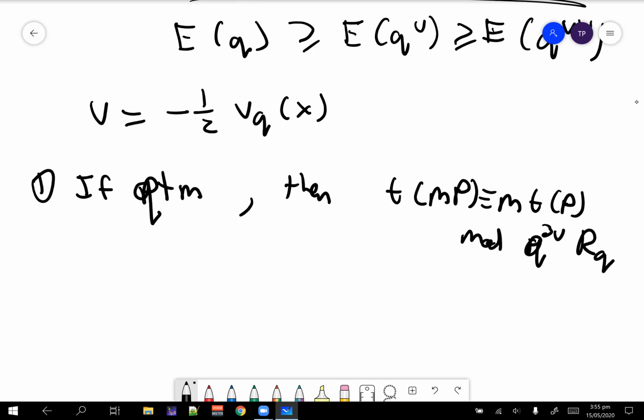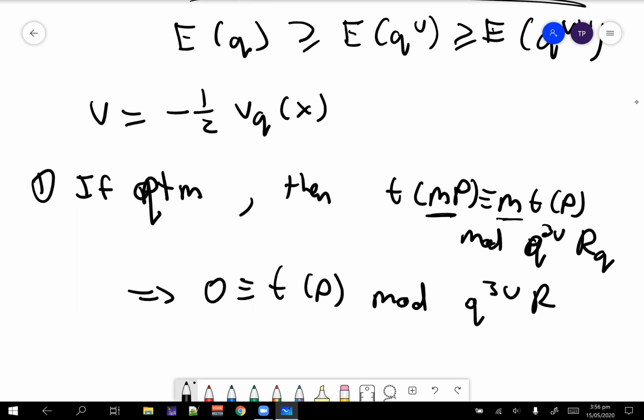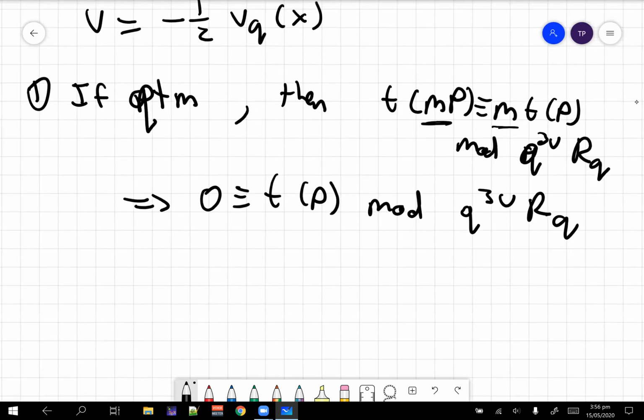But since M of P is the identity, since P had order M, that means 0 is congruent to the thing here, but M is not 0, so it means 0 is congruent to T of P mod the thing.